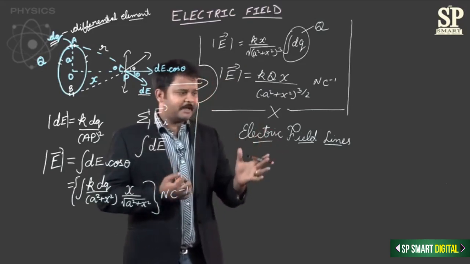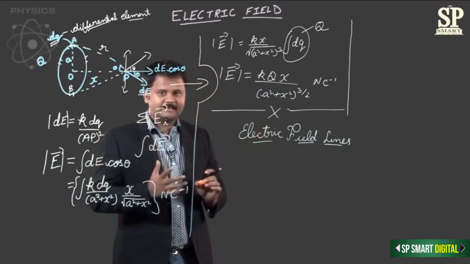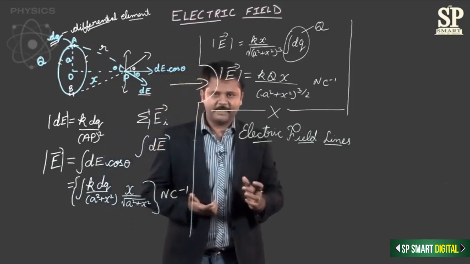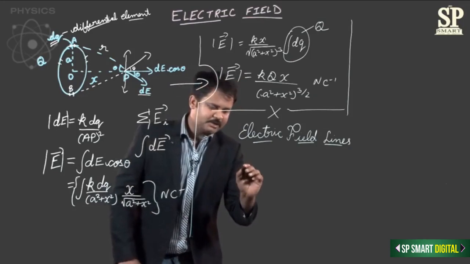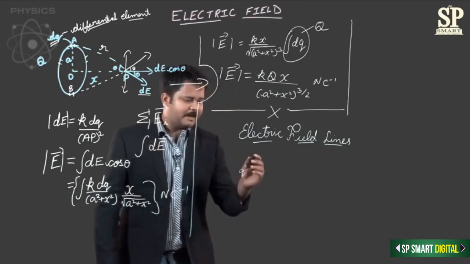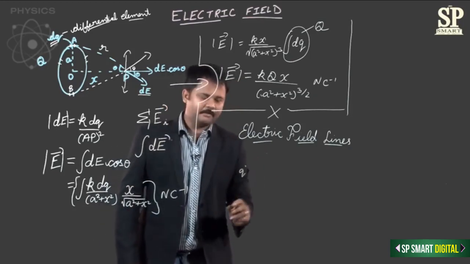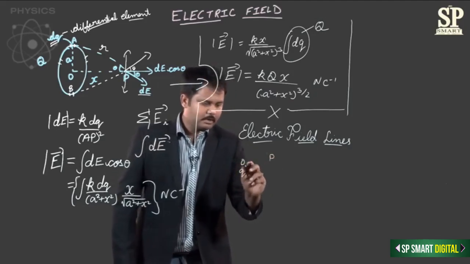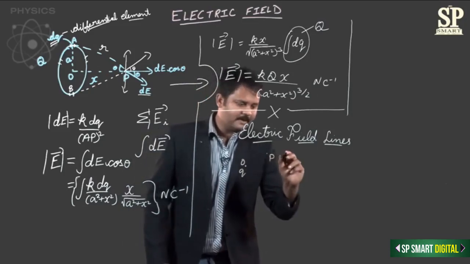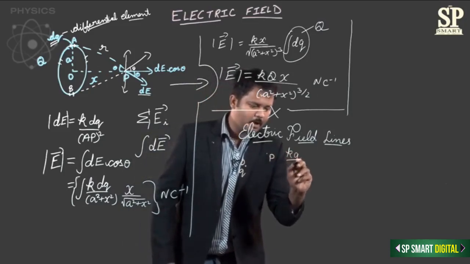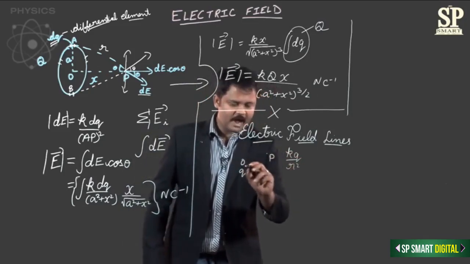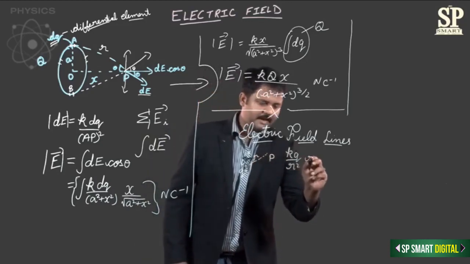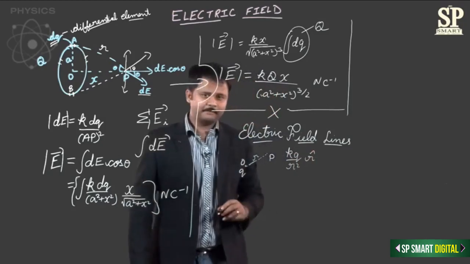So what is happening is electric field lines are essentially a graphical way to represent an electric field. Let's say we have this charge Q here, and then if we want to find out the electric field at this particular point P, let's say this point is O, then the electric field is given as KQ upon r square, where r is the separation between O and P, and then we also have the direction given as r hat.